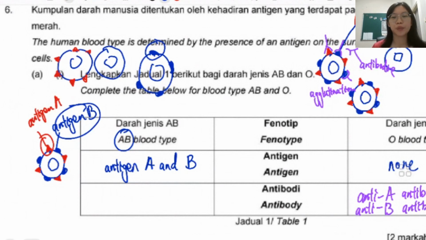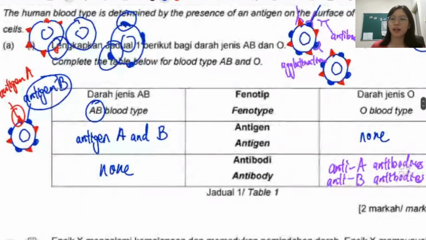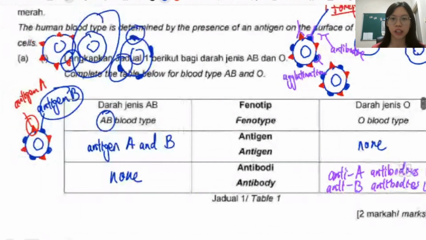So even though they met antigen A, antigen B, it won't stimulate an immune response. So none will produce anti-A and anti-B antibodies. There's no antigen O. O is the most basic one, the naked one. It doesn't have any antigen present on the surface.